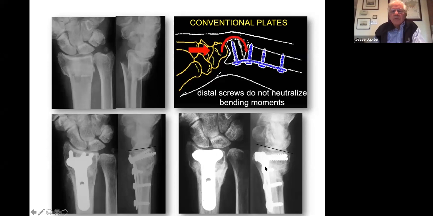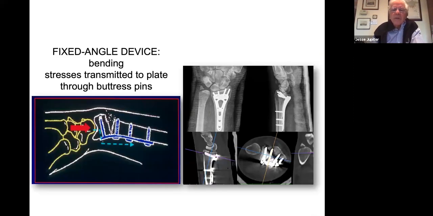And as a result, we couldn't afford to stabilize effectively internally a lot of patients with this problem. That is, patients who are older but active, and we can avoid the cast.